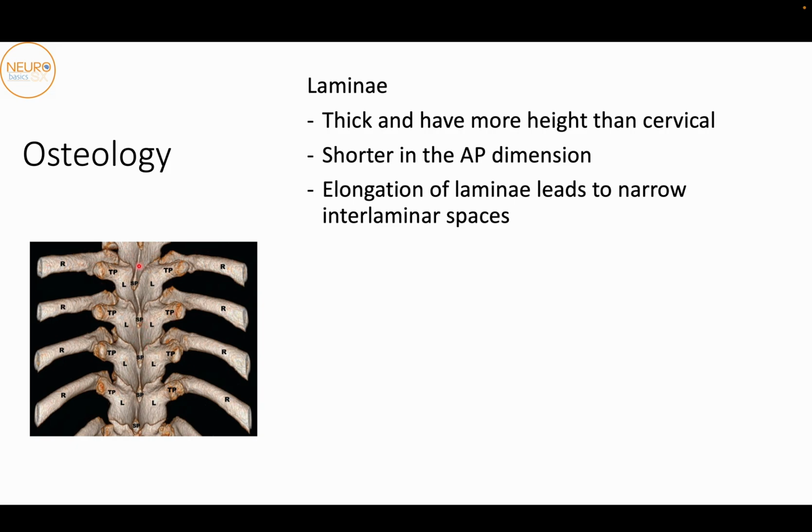The laminae, when it comes to thoracic vertebrae as compared to cervical vertebrae, are definitely thicker and they have more height, as we can see over here. But they are a little bit shorter in the AP dimension though, but they are definitely going to be thicker and longer. Because the laminae are so long, there are very narrow interlaminar spaces, and it is very difficult to get into these spaces in the thoracic spine.